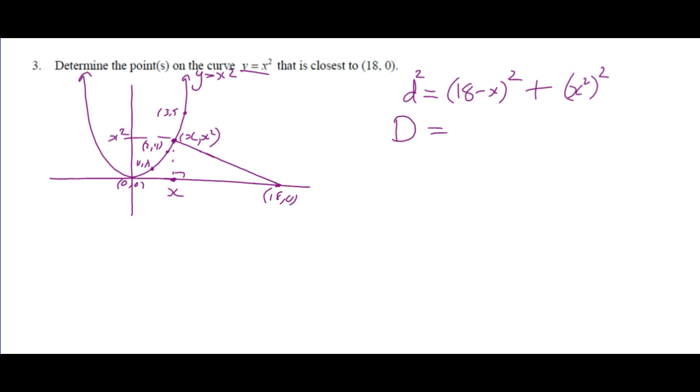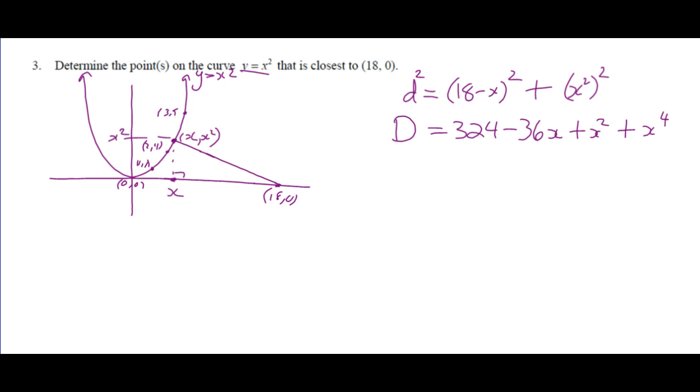Okay, so let's just expand this. We get 18 squared. Anybody know that offhand? Okay, it's 324. Well, some people might know their 18 times table. I don't know my timetables. Minus 36x plus x squared plus x to the 4th.